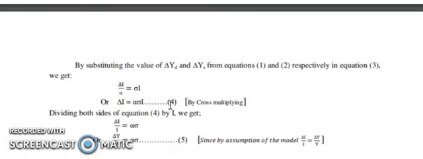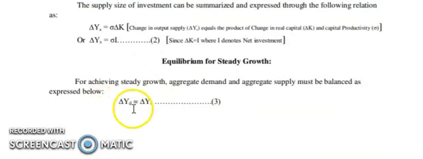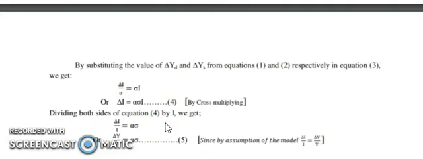By substituting the values of delta Yd and delta Ys from the equations, delta I by alpha equals sigma into I, or delta I equals alpha into sigma I. We cross multiply and divide both sides of the equation by I. We get delta I by I equals alpha into sigma.